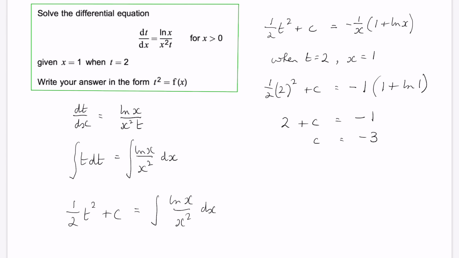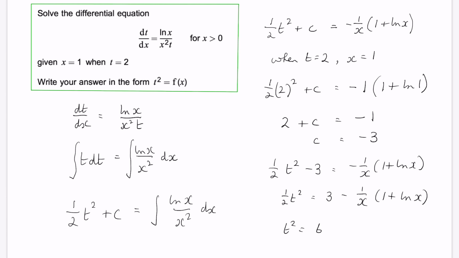And c is minus 3. Substituting this back into the original equation here, we get a half t squared minus 3 is minus 1 over x into 1 plus log x. So a half t squared is 3 minus 1 over x into 1 plus log x. And t squared is 6 minus 2 over x into 1 plus log x.